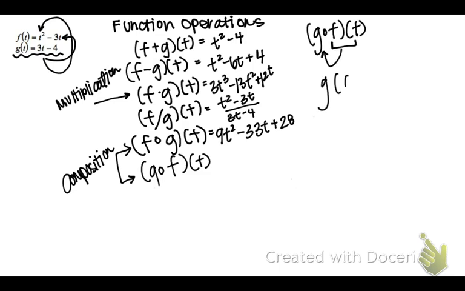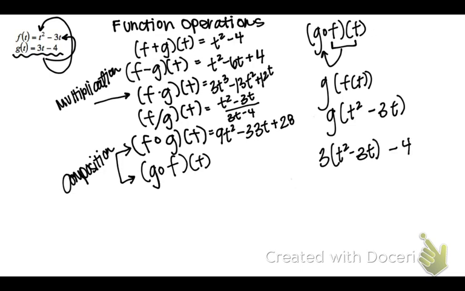So this will be g of f of t. Well, f of t is t squared minus 3t, so this is g of t squared minus 3t. So this is going to be 3 times t squared minus 3t, minus 4. Distribute this in, so this will be 3t squared minus 9t minus 4. There's nothing to combine there, so that's going to be our final answer.